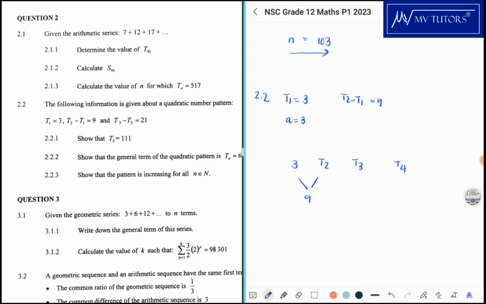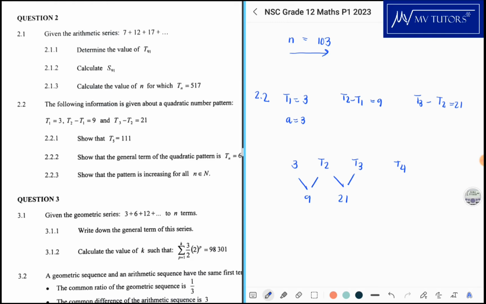And then they tell us term 3 minus term 2 is equal to 21. So term 3 minus term 2, that's 21. Okay, that's great. So you can actually figure out the rest of this quadratic sequence.